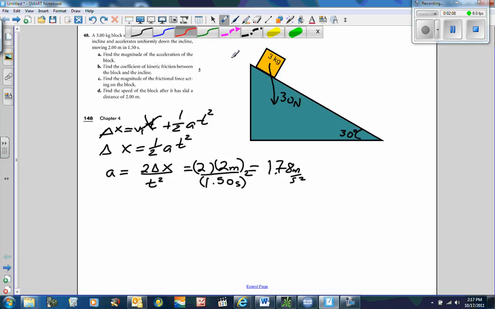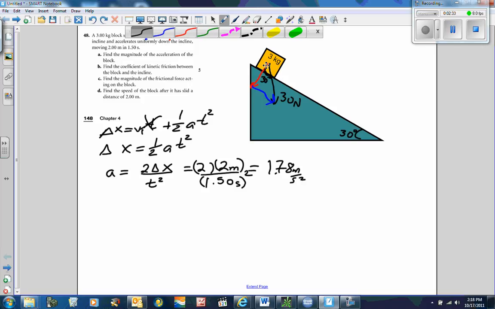We know that this divides into a y part and an x part. We know that the angle here is the same as the angle of the triangle, which is 30 degrees.